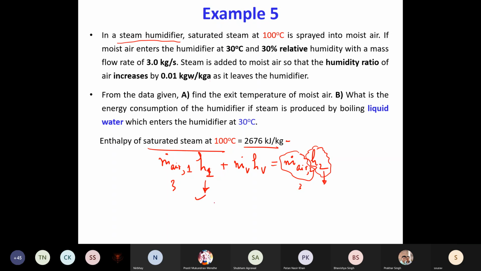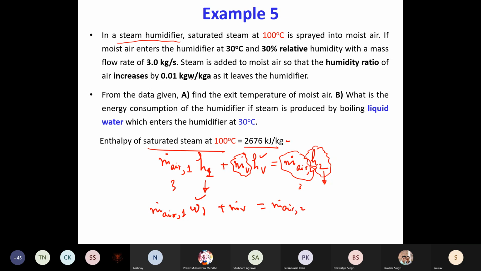So this is known. This is also known. How to obtain the amount of steam? Apply the mass balance for the moisture part. M dot air 1 times omega 1 plus m dot v equals m dot air omega 2.